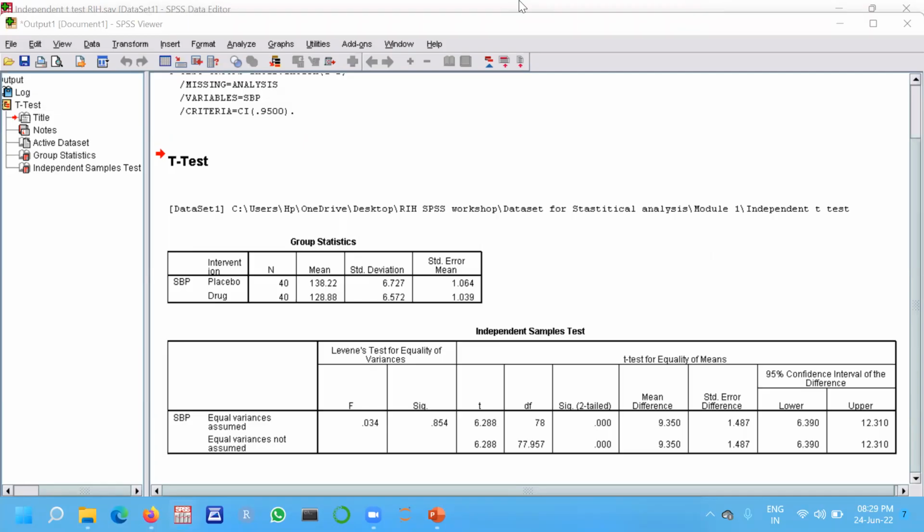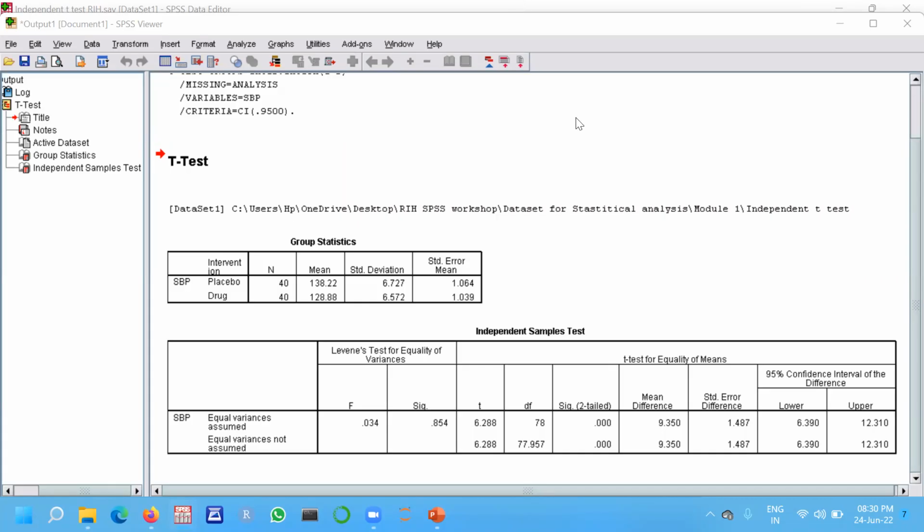Tests of assumptions means normality test, Levene's test, then sphericity test, etc. So what is a significant p-value? It should be more than 0.05, isn't it?